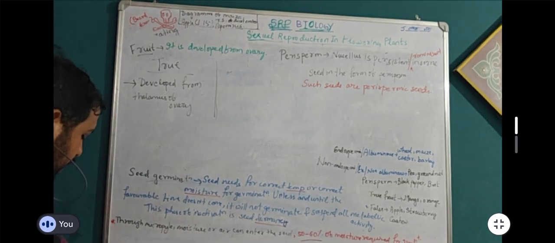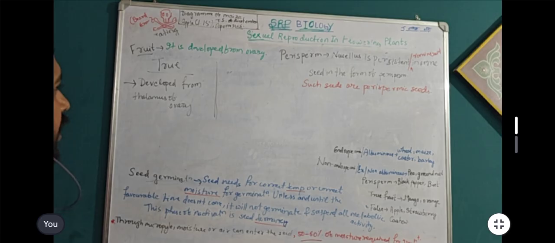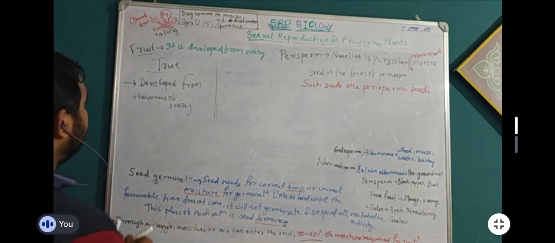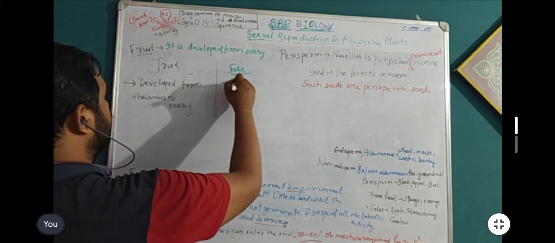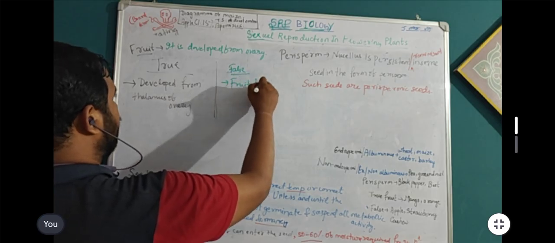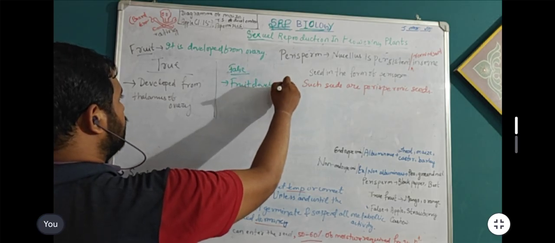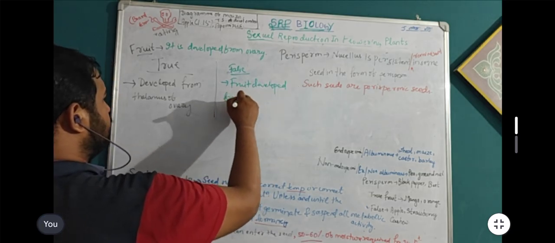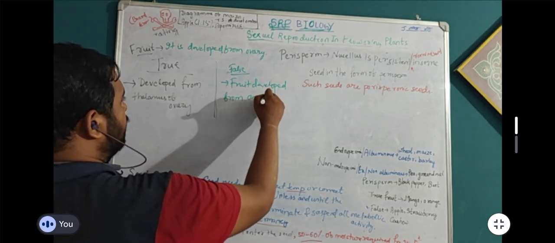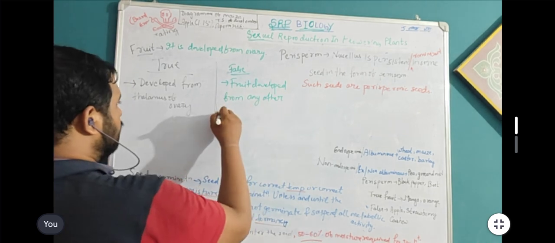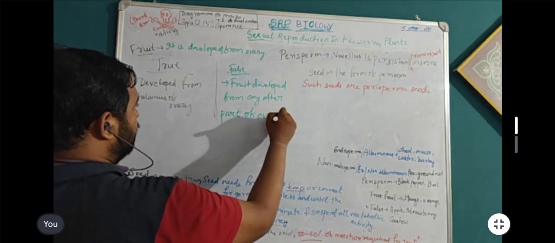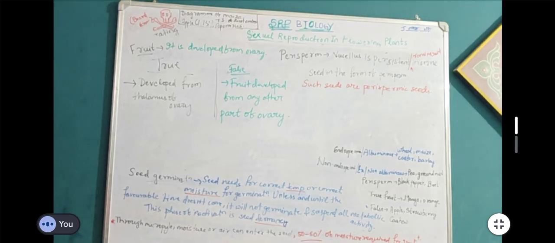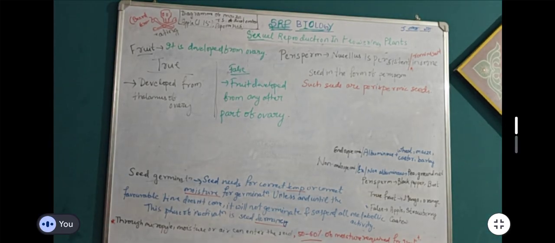If any part other than the thalamus of the ovary develops, it is called false fruit. So this much question can be asked.